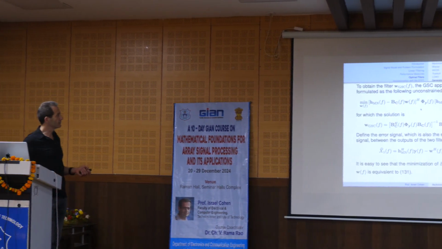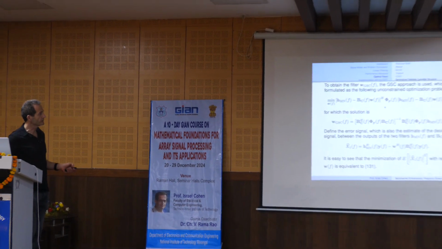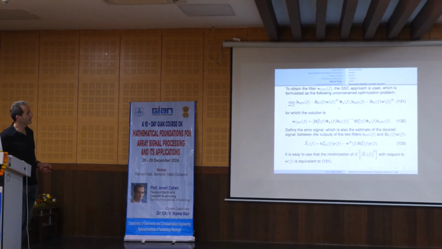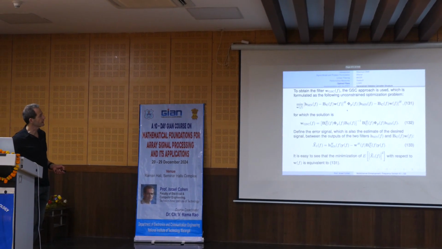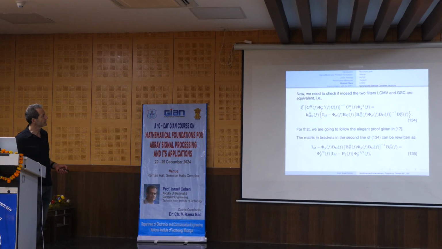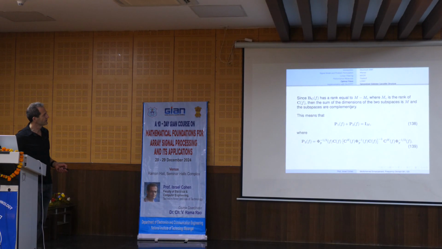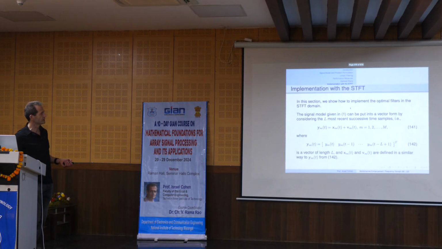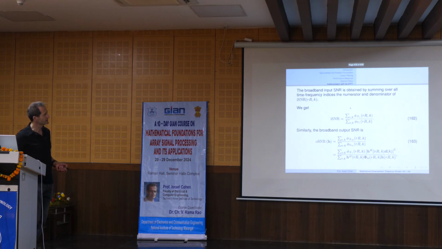So we minimize here, and we get the offline solution, but we can also find a solution using adaptive filtering. And this is just the mathematics to show different derivations, to show the equivalence. This is the implementation with STFT. I talked about it yesterday, so we can skip.